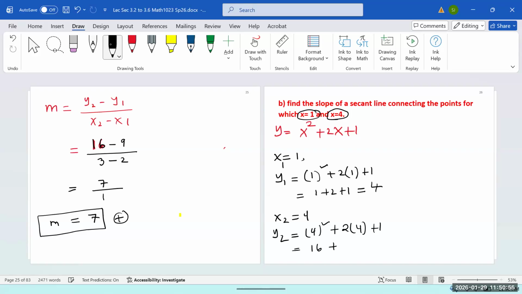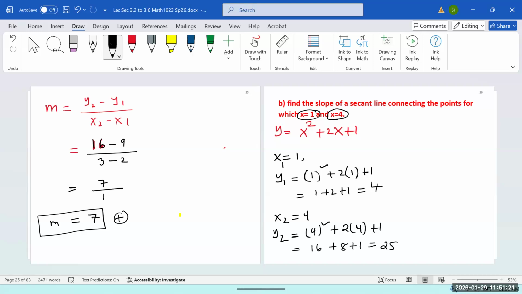And 2 times 4? 8. So total is 25. Remember, there's no calculator allowed in this class, okay? In the exam or in the quizzes. In the homework, you can use a calculator, but you have to do all of this in your head. Actually, not in your head. You can write on the side and then do the math.